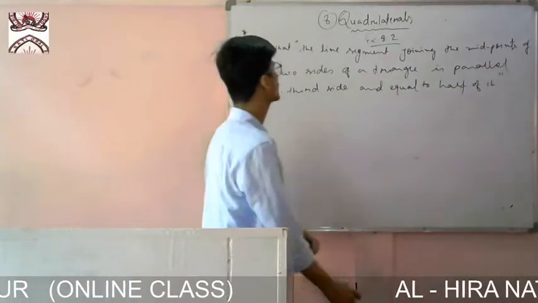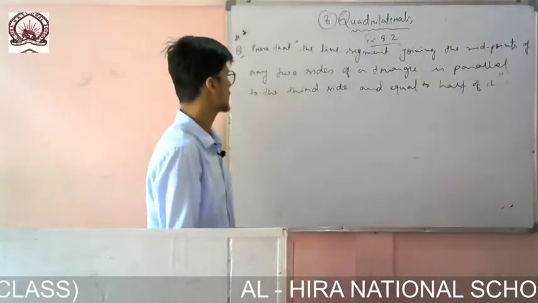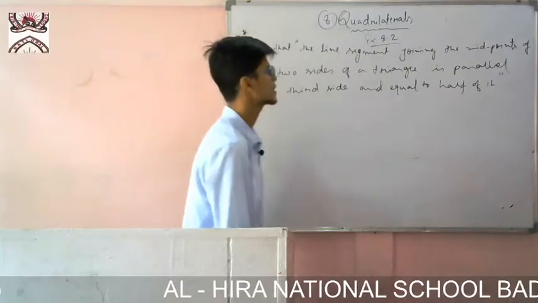So you want to prove this one, the line segment joining the midpoints of any two sides of a triangle is parallel to the third side and is equal to half of it.